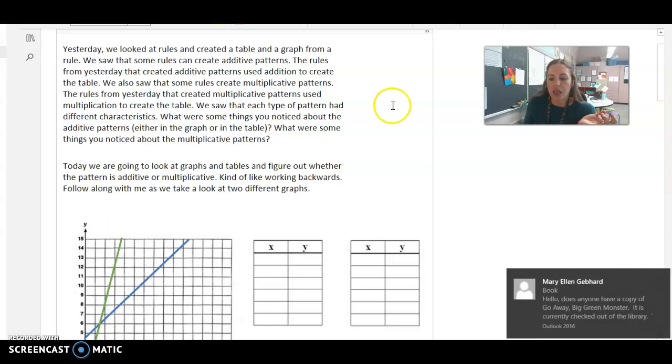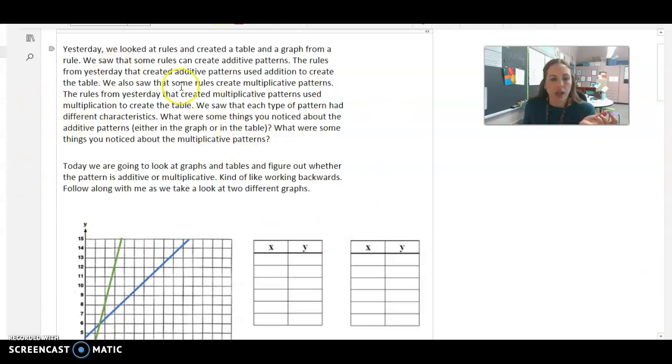So right here, I want you to answer the questions: what were some things you noticed about additive patterns, either in the graph or the table? And then what were some things you noticed about the multiplicative patterns?